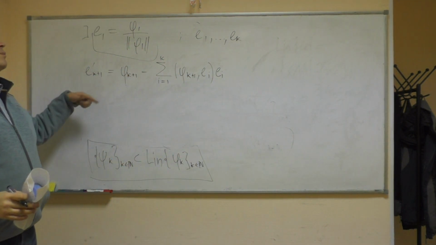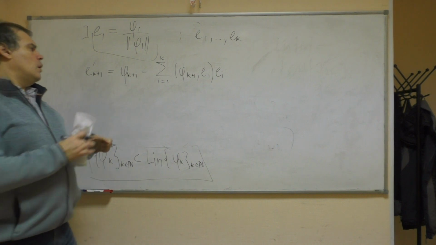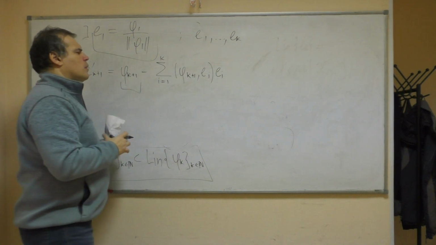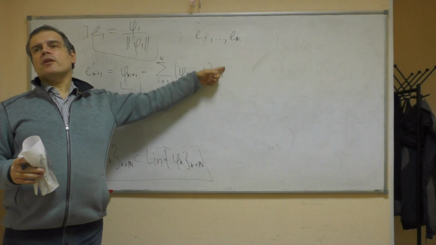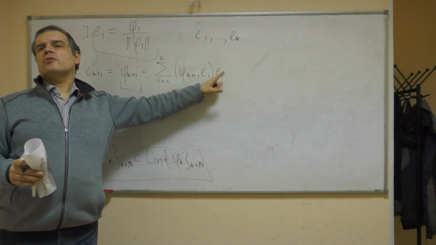So we subtract from phi k plus 1 some linear combination of vectors ei.